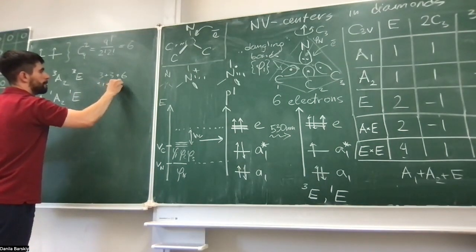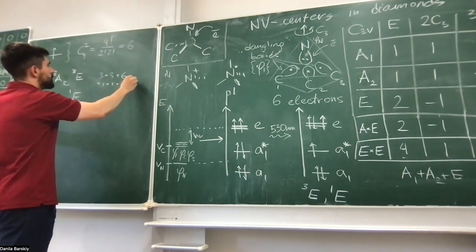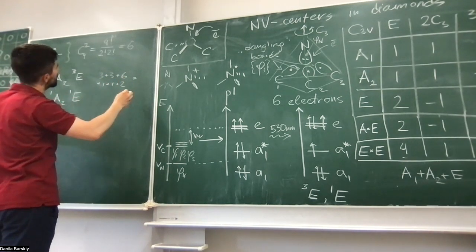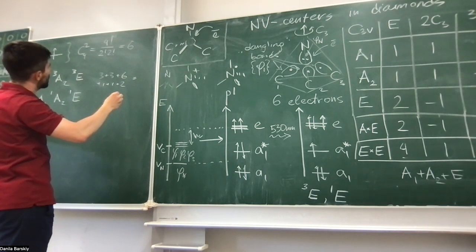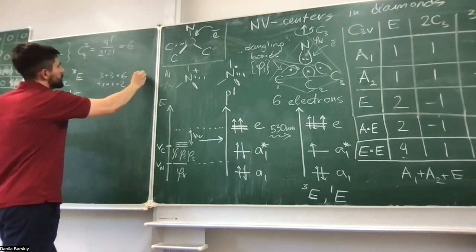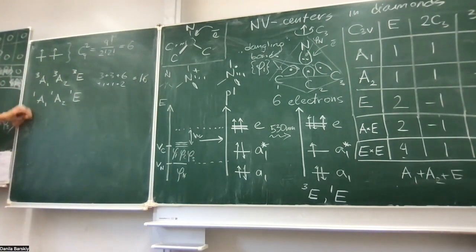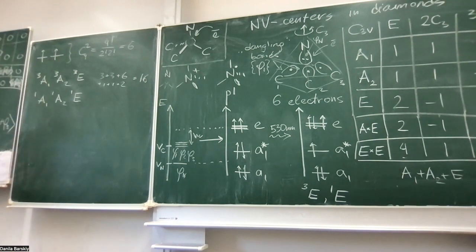So we have what, 6, 16. Is that right? Yeah, 16, too much. So some of them are not real if we take into account the Pauli principle.